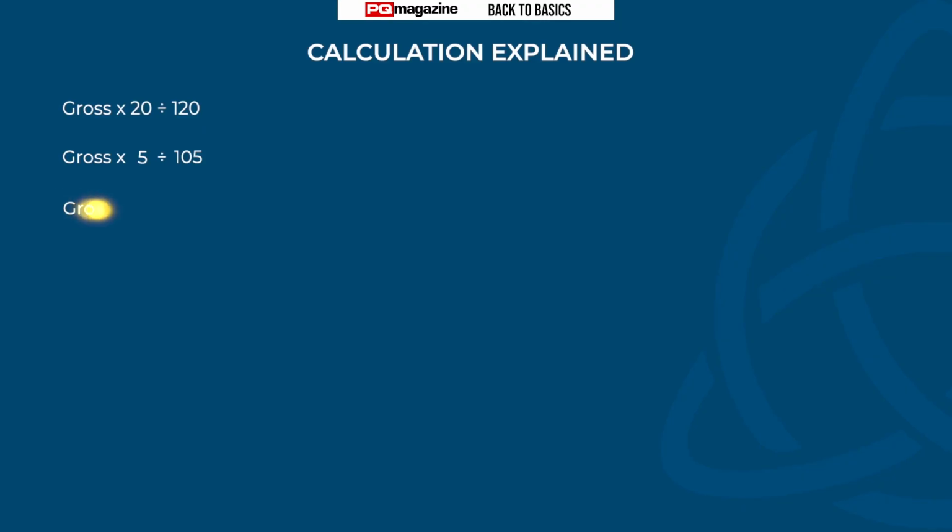You may also see a simplified version of the standard VAT calculation. Here we have gross divided by 6. This will also give us a VAT of 20%. We can check this by using the same gross value that we had in the earlier examples. 960 divided by 6 equals 160.